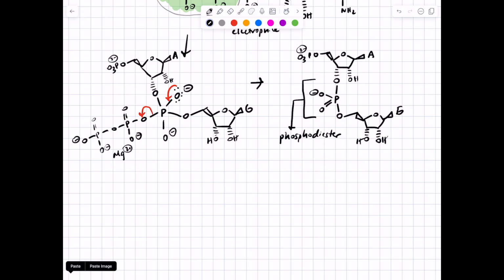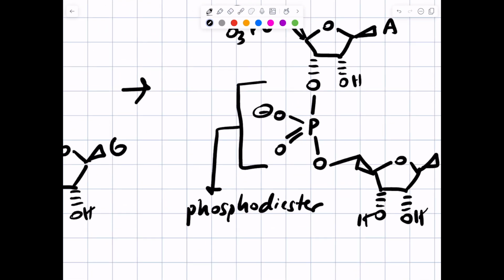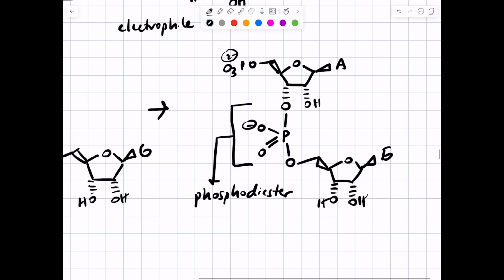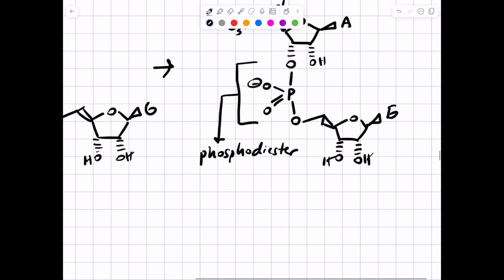A couple of things you need to be aware of. Notice that the oligonucleotide, like a lot of other polymers in biology, has directionality. There is a 5' end of the oligonucleotide that has a 5' phosphate group. And then on the other side of this dinucleotide, we have a 3' hydroxyl group.